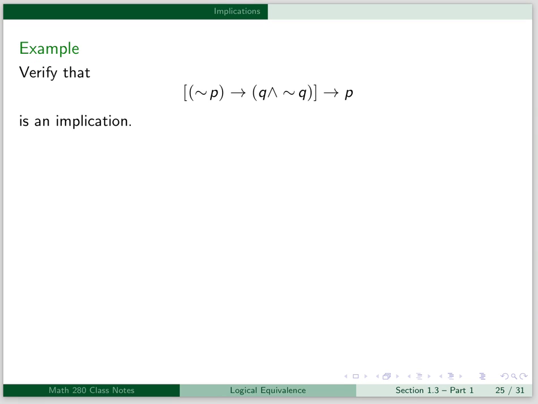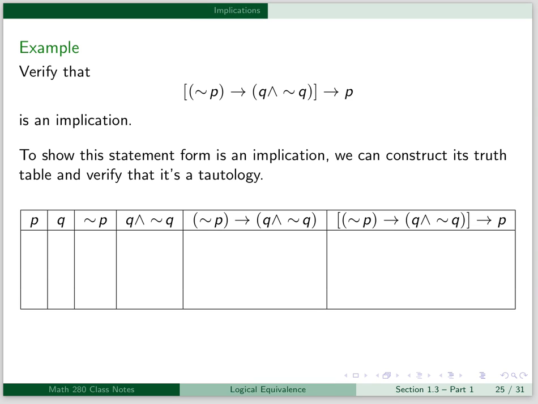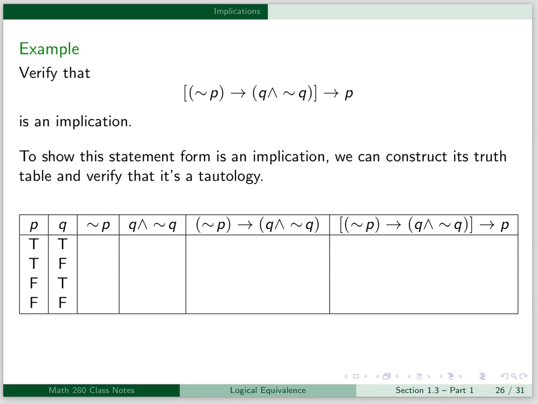Next, we want to verify that ((not P implies (Q and not Q)) implies P) is an implication. To show this statement form is an implication, we can construct its truth table and verify that it's a tautology. So we'll set up the table as shown and fill it in a column at a time.